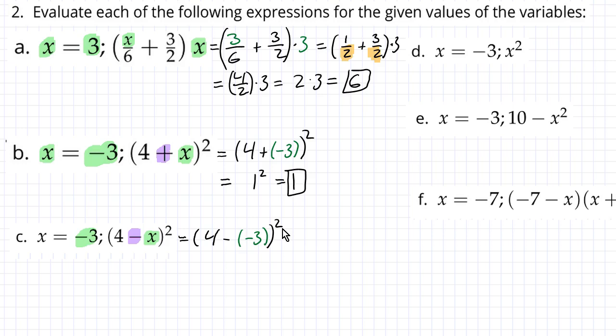And because there's still this plus here, that minus a negative number becomes plus, and it becomes 4 plus 3, which is 7 squared, which is 49.